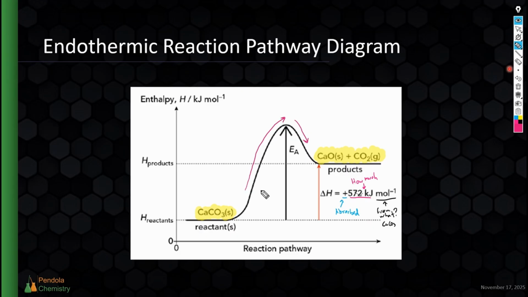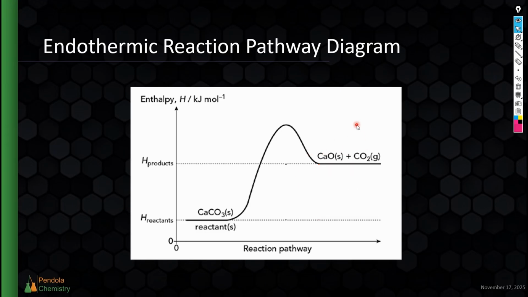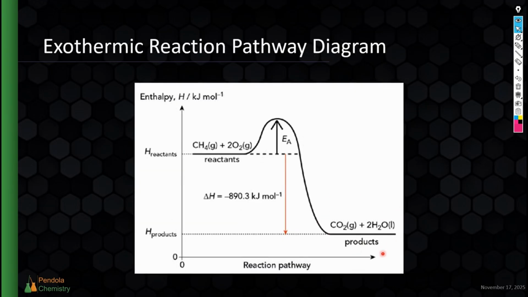So just to recap, regardless of whether it's exothermic or endothermic, we are going to have our reactants on the left side, our products on the right, and then whether it's endothermic or exothermic will tell us whether the products are higher in an endothermic reaction than the reactants or lower in an exothermic reaction than the reactants.